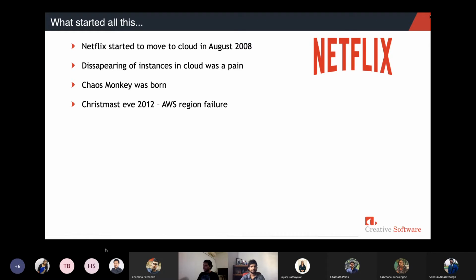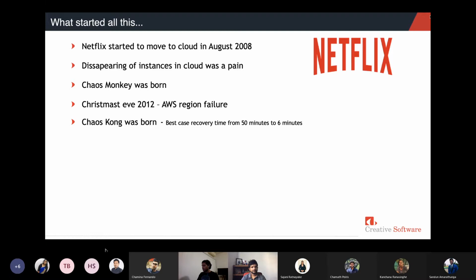It was Christmas Eve, and they again went on fixing these failures, because this is a bigger problem to tackle than what they had fixed before. As a result, they came up with a new application called Chaos Kong, which simulates artificial region failure and acts upon it to recover their services.